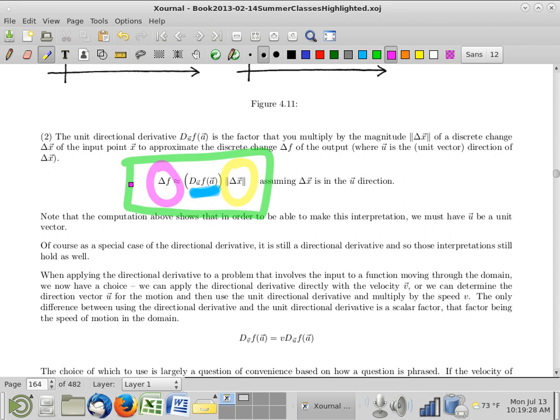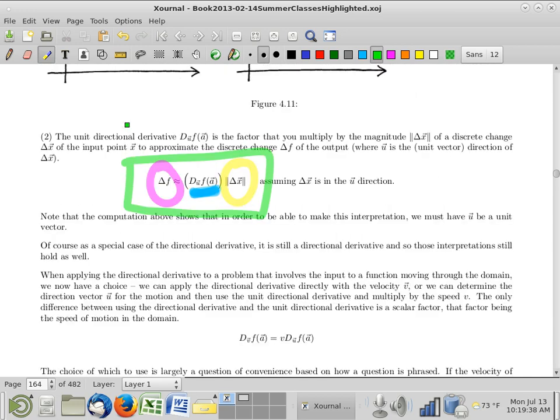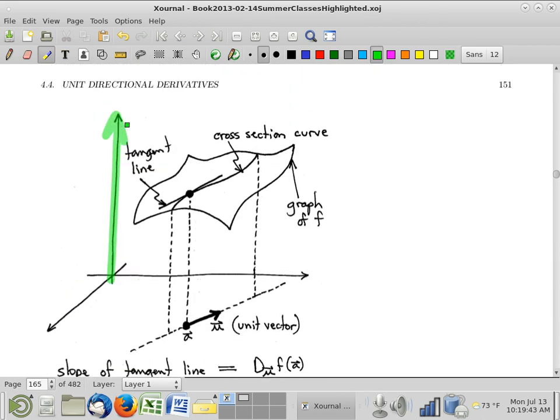So now let's interpret that in this picture. Again, if we're thinking about a real valued function, let's see, yellow and purple. The unit directional derivative tells me that if I move a certain distance in a given direction of a given unit vector, then we can talk about how much the function increases.